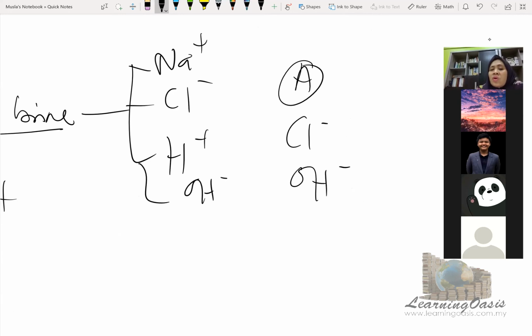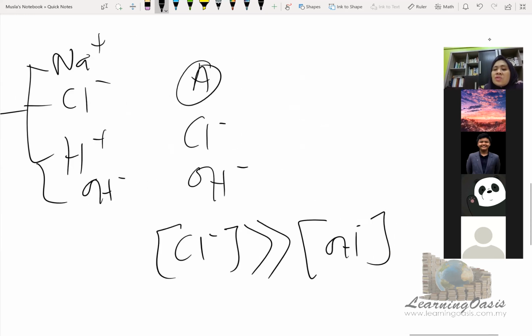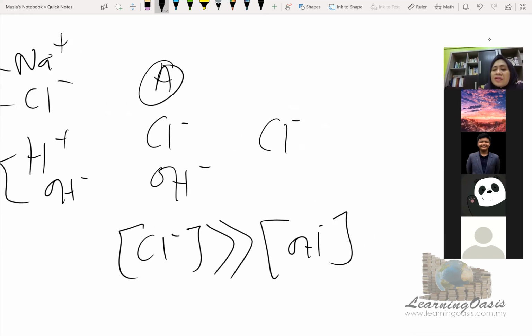Now, this is concentrated. Concentration of chloride is much more than concentration of hydroxide. So because concentration of chloride is more than hydroxide, chloride will be chosen instead. So you'll be getting Cl minus losing 2 electrons to become Cl2. You see bubbles of yellowish gas at the anode.